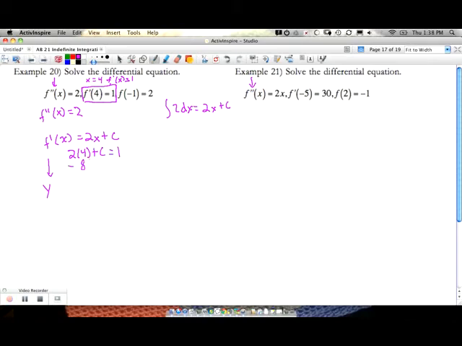That's supposed to equal 1. Well, that's 8, so I'm going to subtract 8 from both sides, and I get c equals -7. Now, a lot of people say, all right, so I'm ready to do y equals. But not quite. We still got to keep going, because so far all we've figured out is that f prime of x equals 2x, and then I got to add the c onto it, which in this case is -7.